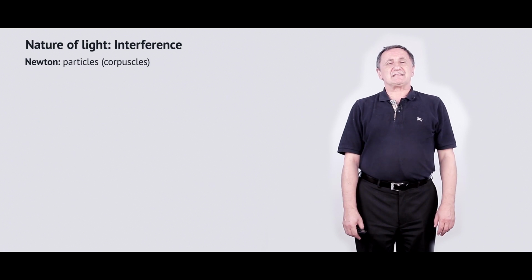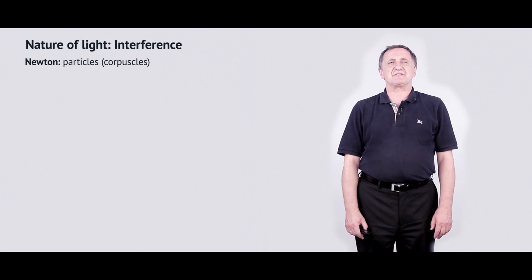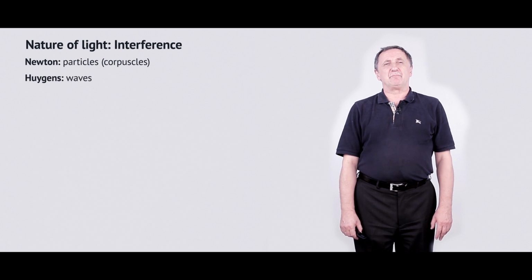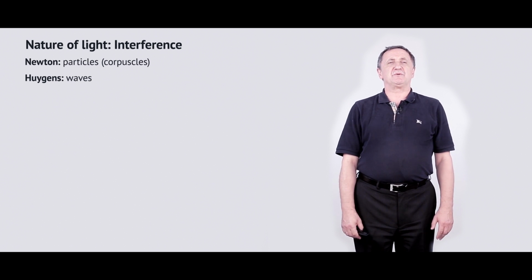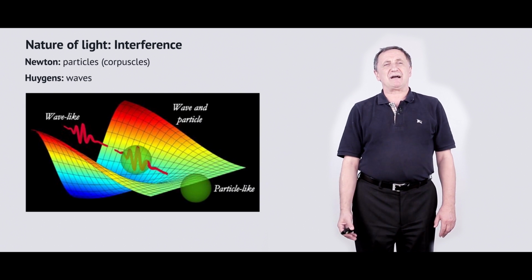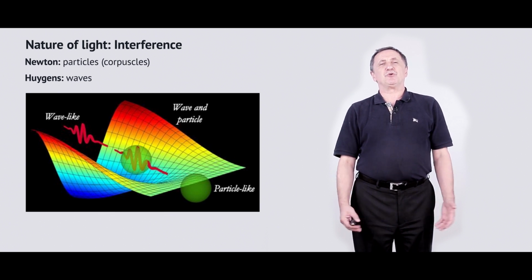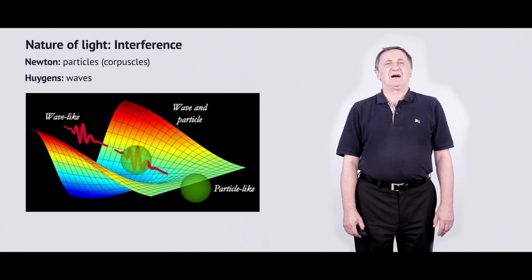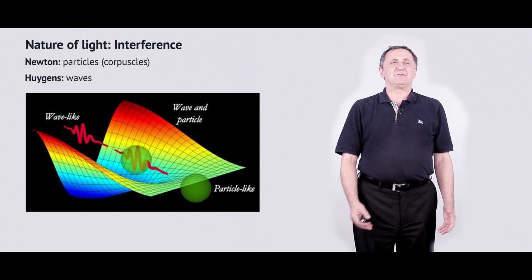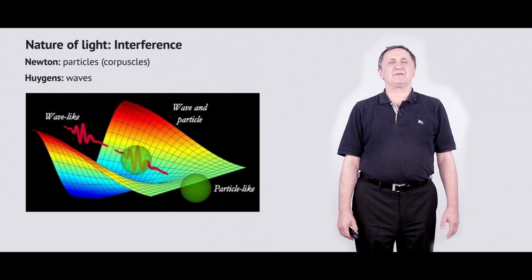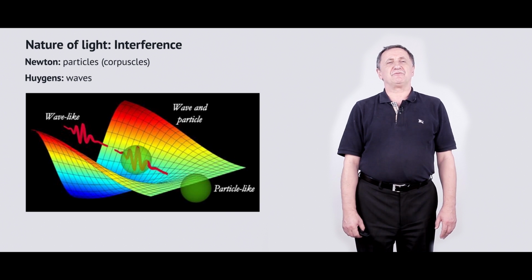First, let's refresh our minds about such a phenomenon as interference, which you know from the basic physics course. You remember there was an argument between Newton and Huygens about the particle or wave nature of light, and you know the answer now on this issue: indeed, photons can behave as waves under one condition and as particles under other conditions, so the dual nature of photons.